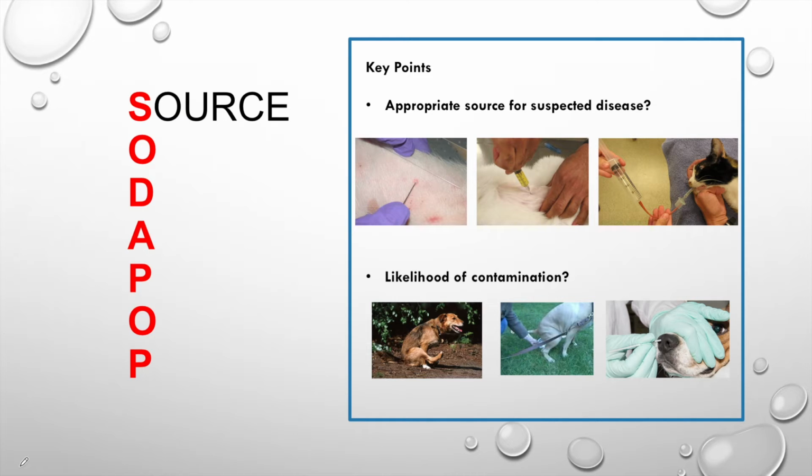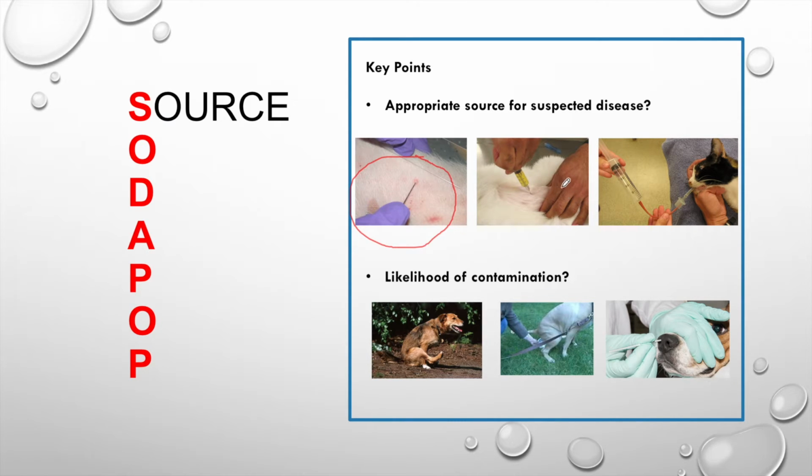First, we should consider whether an appropriate source was used when collecting the sample for the suspected disease. For example, for superficial bacterial folliculitis or pyoderma, the most optimal sample would be collected from a ruptured pustule.